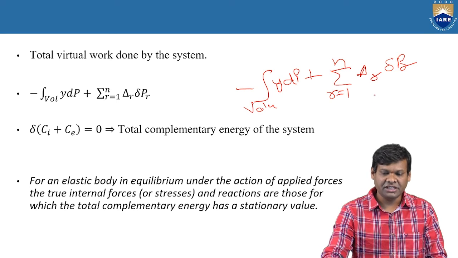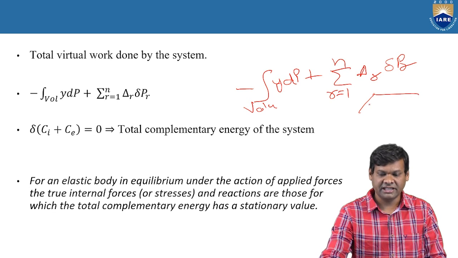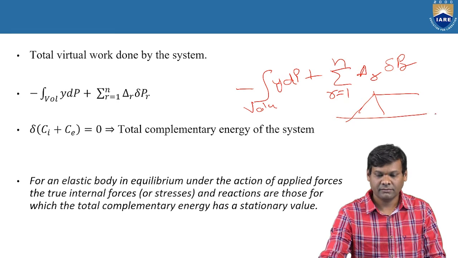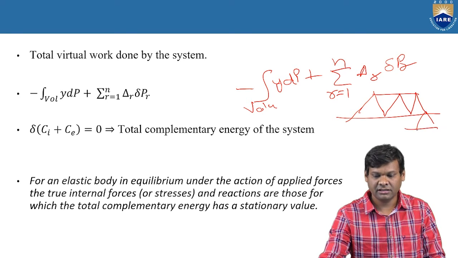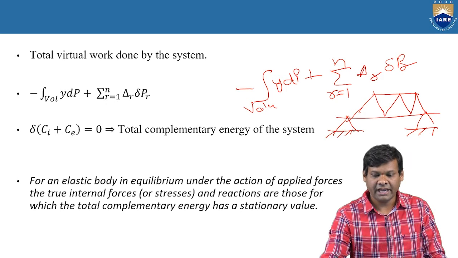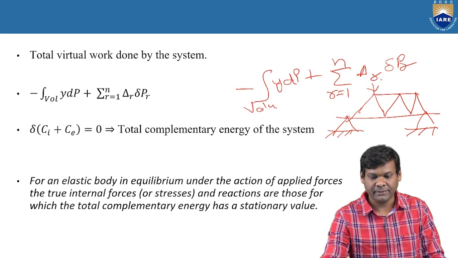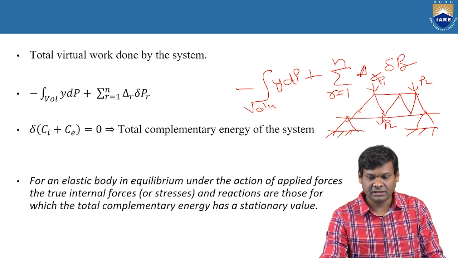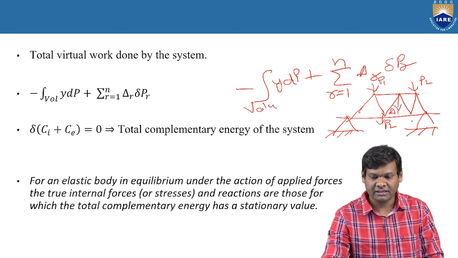For example, when you take a truss structure like this, which is fixed at one point, and we have applied loads of some magnitude P1 and P2, and we have observed deflections of say delta 1 and delta r.